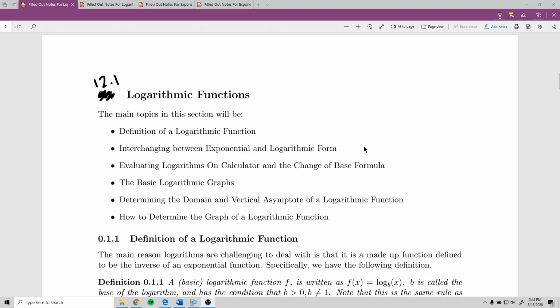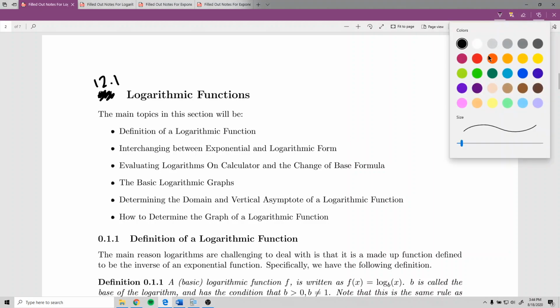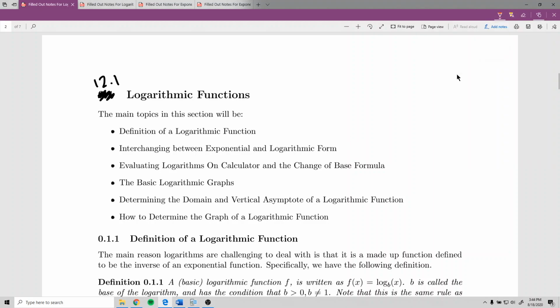One thing that's going to be important is being able to interchange between exponential and logarithmic form, which we'll see what that means. Then we'll want to be able to evaluate logarithms on a calculator and using the change of base formula. Then we'll look at the basic log graphs, and really the last two bullet points go along with the graphs: determining the domain and vertical asymptote of a logarithmic function.